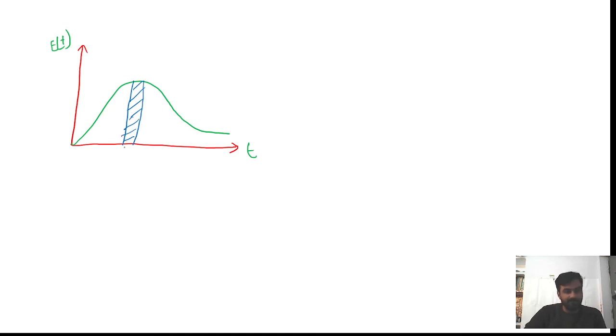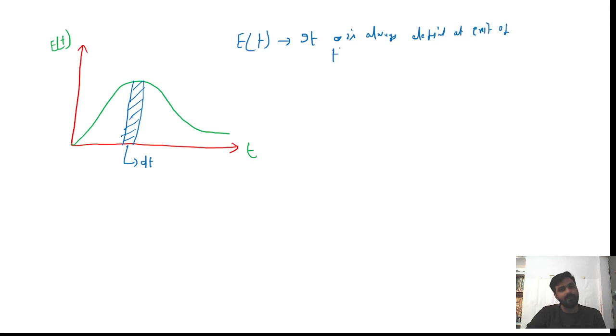So at time dt, E(t) is always defined at the exit of the reactor. First try to understand E(t): it is always defined at the exit of the reactor, first thing.